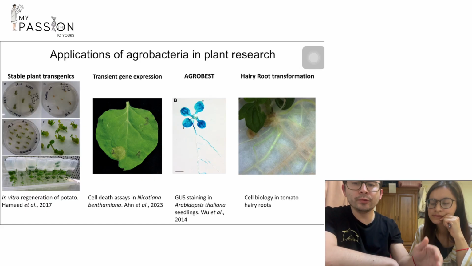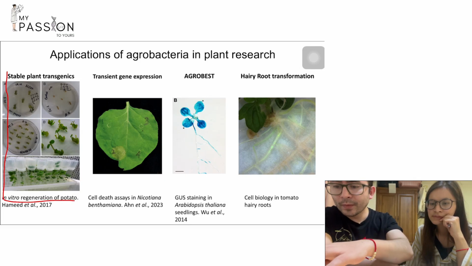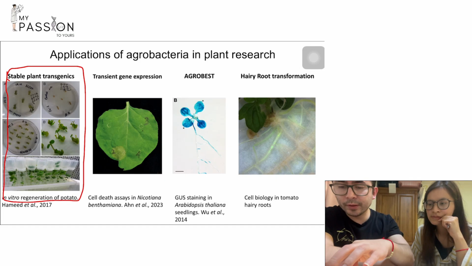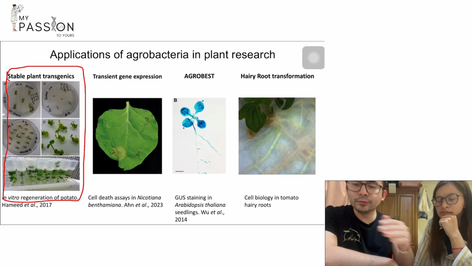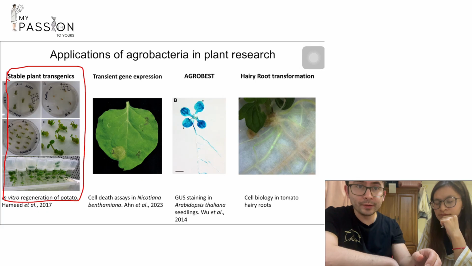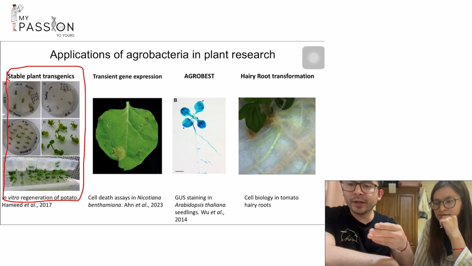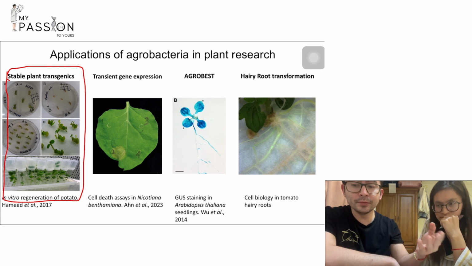And the other way is by doing secondary regeneration, which is what you see in this picture. And this is pretty much the first reason why I got interested in transformation, because I got to do this process, which is very cool for me. Generating the plants from the tissue is a very interesting thing to do. That's why I started getting interested in that.